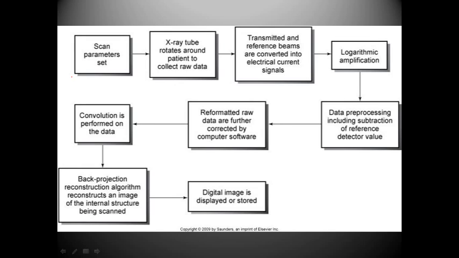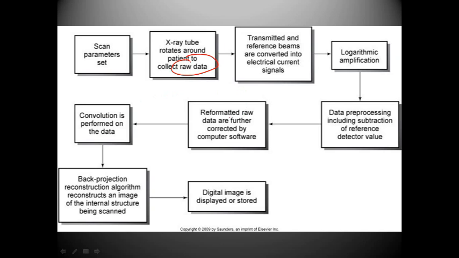And so here's just something that's going to allow you to see what goes on. You set your scan parameters. Your X-ray tube rotates around the patient to collect raw data. This is then transmitted through the detectors to the computer, which then pretty much does all of the rest.